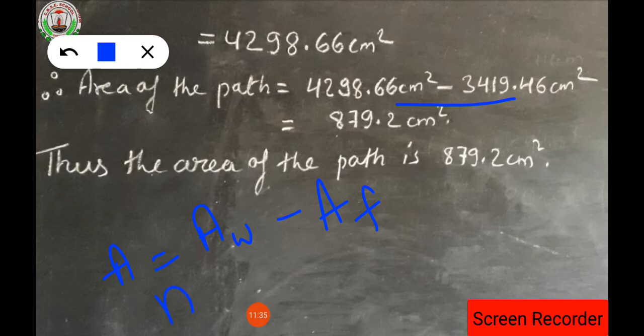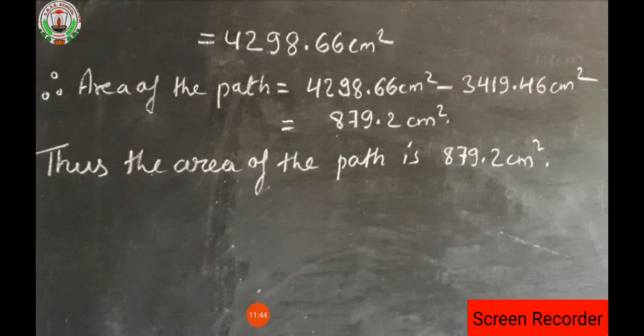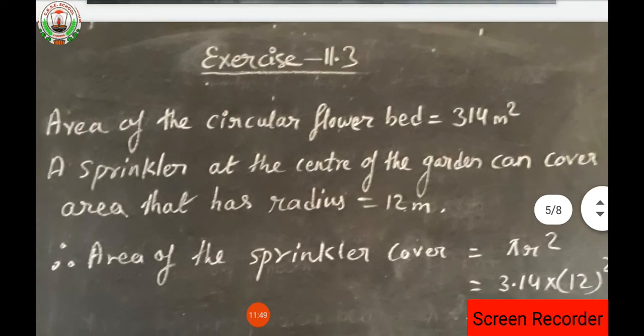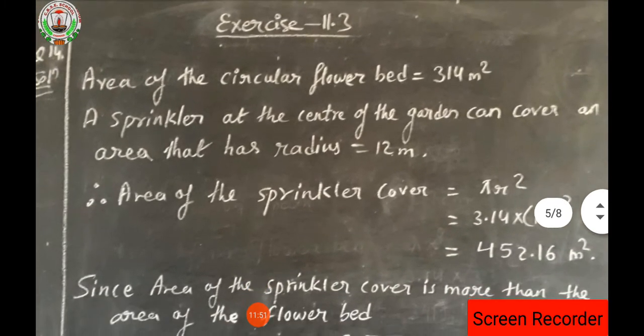While doing the subtraction, we will get the area of the path as 879.2 meter square. So this is the area of the path. Clear everyone? After this, the next question we are going to see is question number 14.